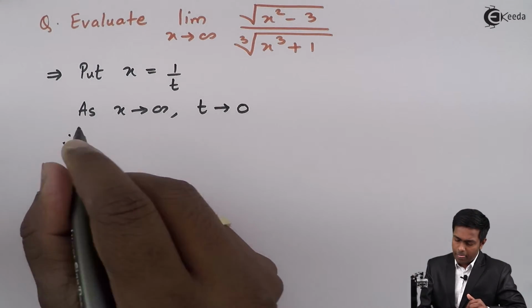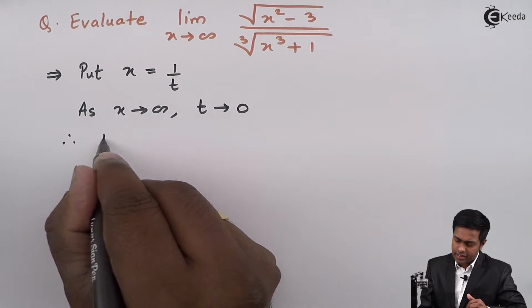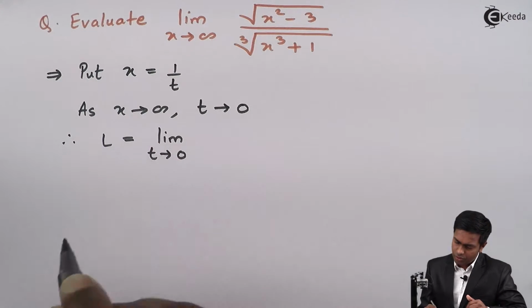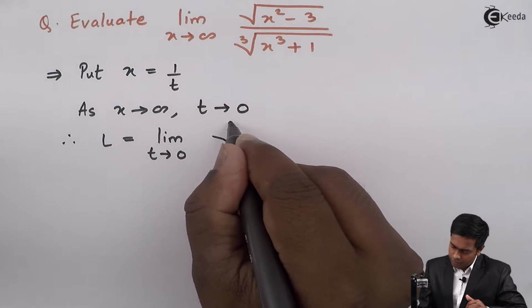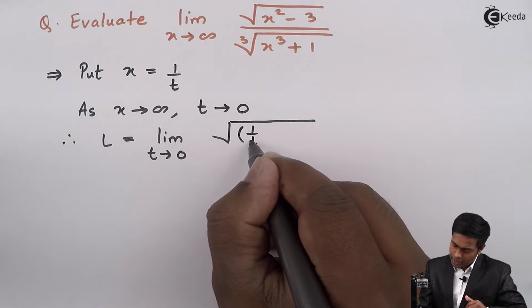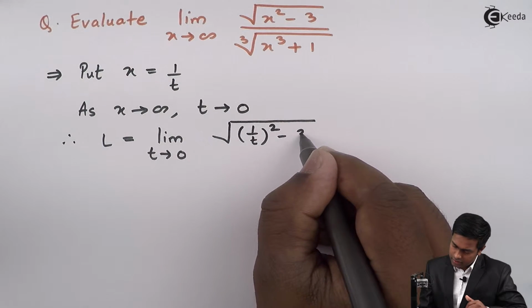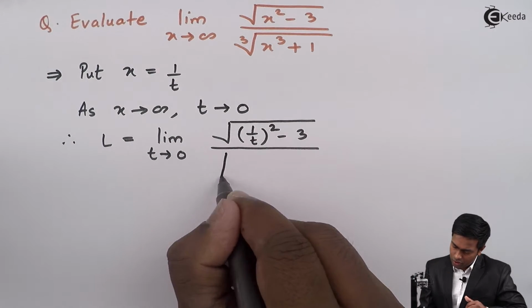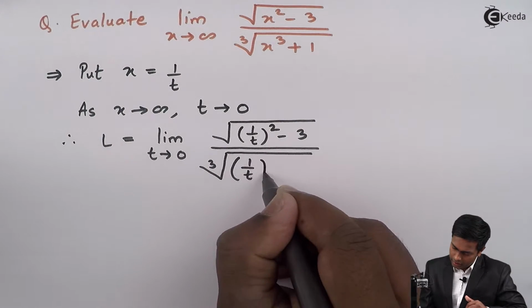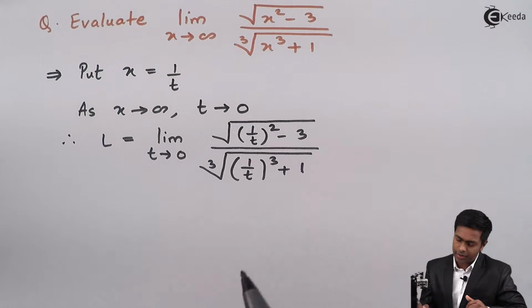So therefore this limit, which I am considering as L, will become the limit as t tends to 0 of square root of (1 upon t)^2 minus 3 upon cube root of (1 upon t)^3 plus 1.